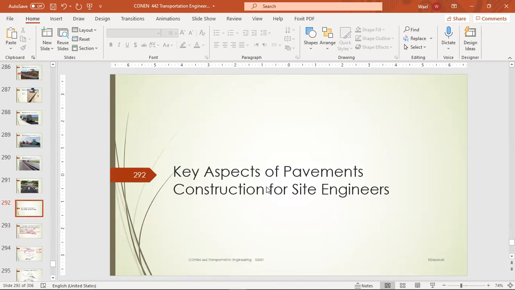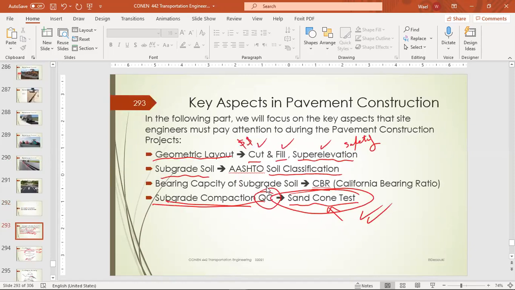Okay. Key aspects of pavement construction for site engineers. These are the important issues for you as a construction engineer to pay attention to.